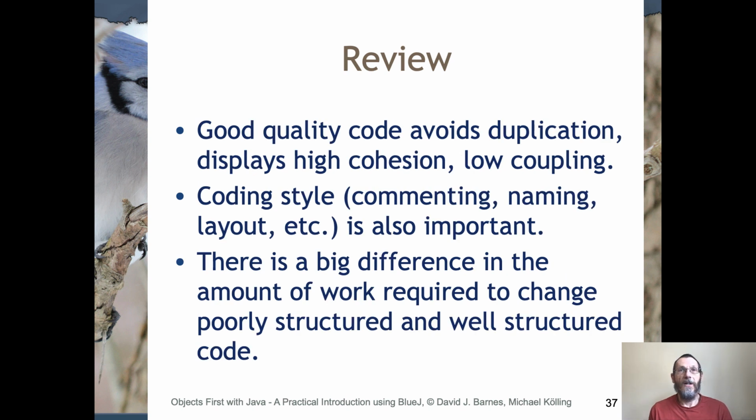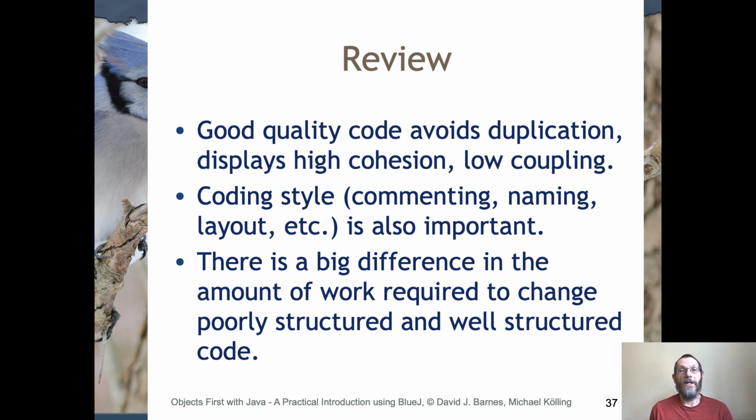The features that we've seen have been that quality code avoids duplication, it displays high cohesion and low coupling. We haven't said much about coding style, things like commenting, naming and layout, etc. But all those things are also important because they aid in comprehensibility.